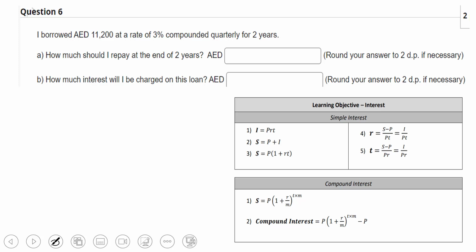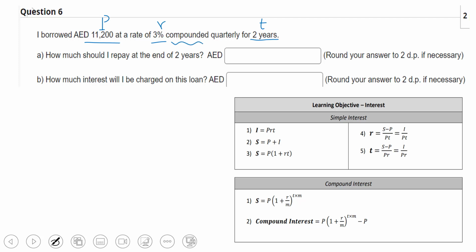Now, we have, yes, this is a principal amount, P. This is T in years, no need to change anything. This is R, okay. How much should I repay?